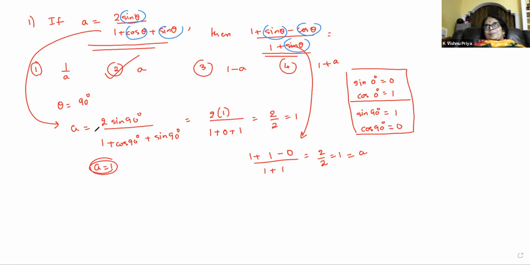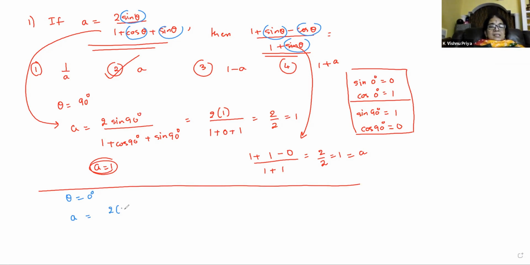That means I can go to the second option. Now what will happen if instead of 90 degrees, I take 0 degrees, because I told you, you can take 0 also. Suppose theta is 0 degrees, what will happen to A? 2 sine 0 is 0. I'm taking the given information. Sine 0 is 0 by 1 plus cos 0 is 1 plus sine 0 is 0. So what will I get? 0 by 2, which is 0.